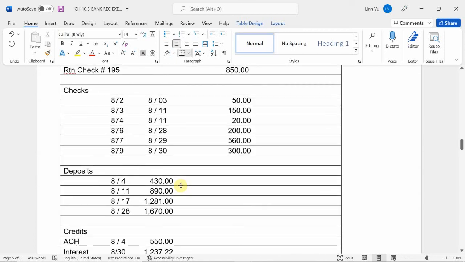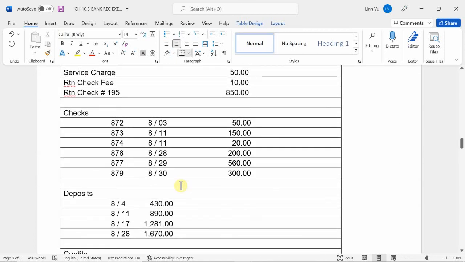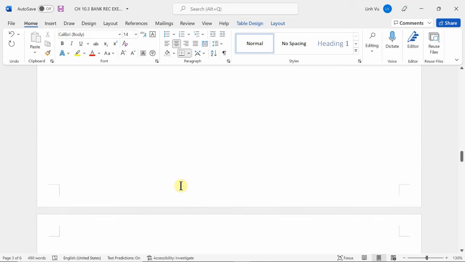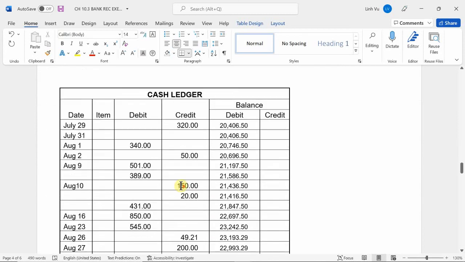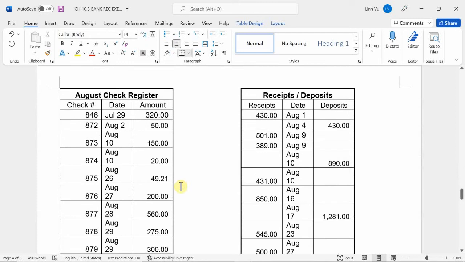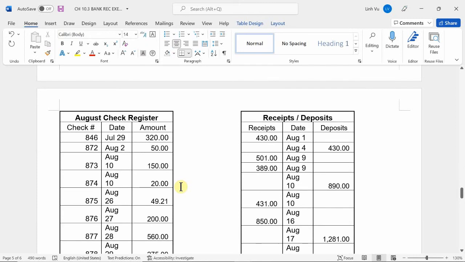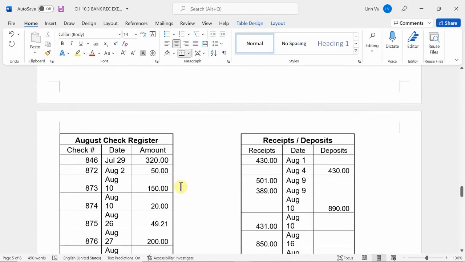Okay, so how many checks cleared out in your bank? 6. Okay, so which ones did not clear? Which ones are missing? We have 80. Can I see it? Give me a second. Okay, so here you go. You have 80, 46, 72, and 73.